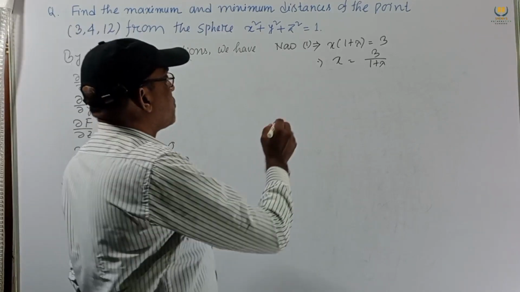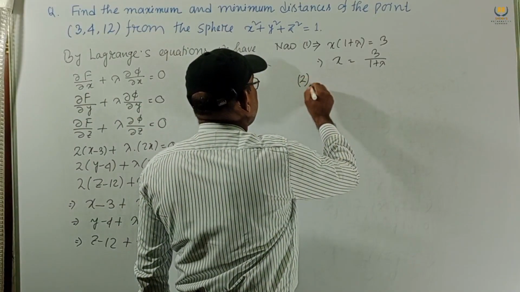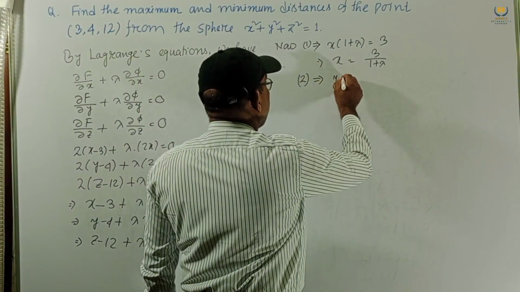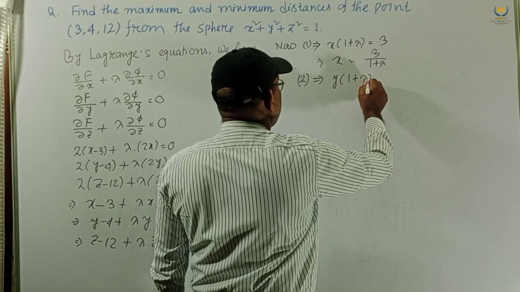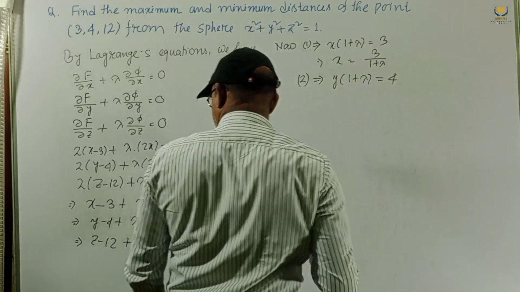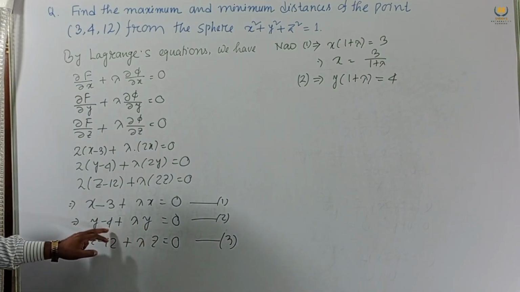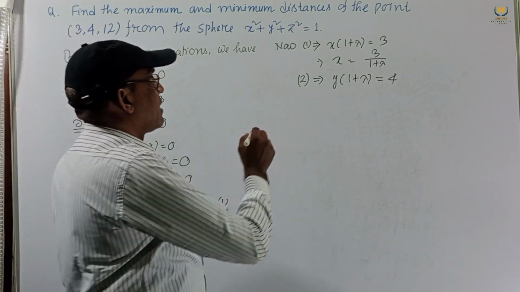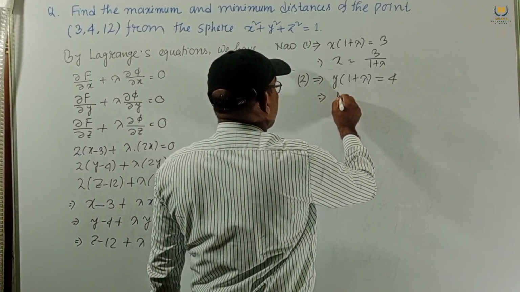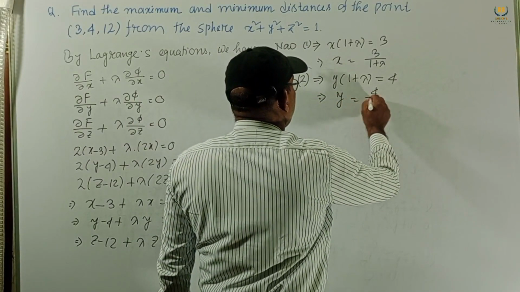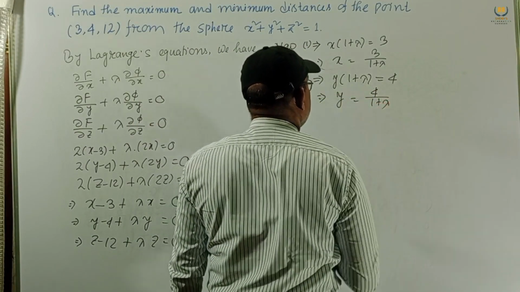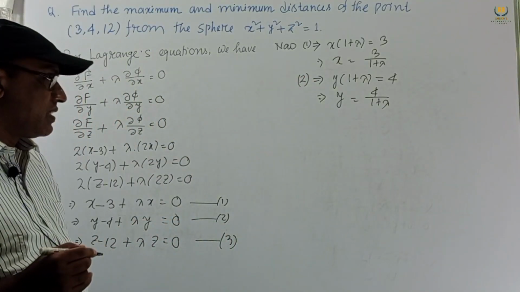Now consider 2: y(1 + lambda) = 4, taking y common and 4 to the right-hand side, which implies y = 4/(1 + lambda).